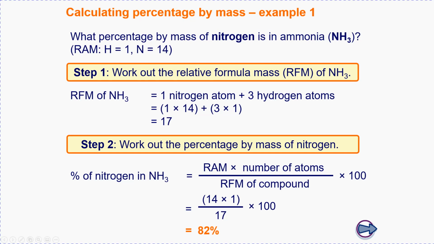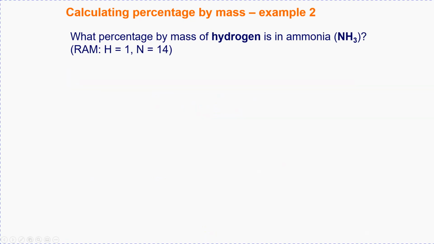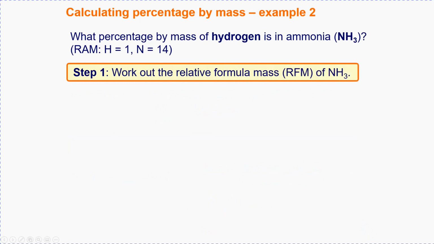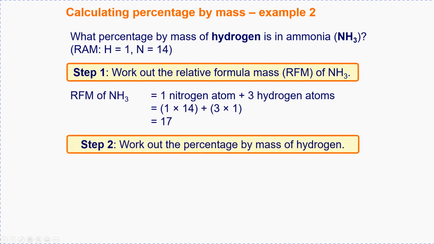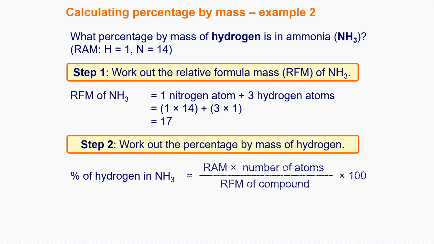So we know 82% of ammonia is made of nitrogen. If we want to check the hydrogen, again, we work out the total mass, so we've got 17 again. This time, to work out the hydrogen, it will give me the atomic mass, which is 1, multiplied by the number of atoms, so that's 3 lots of 1, divided by my total, multiplied by 100 to get my percentage.